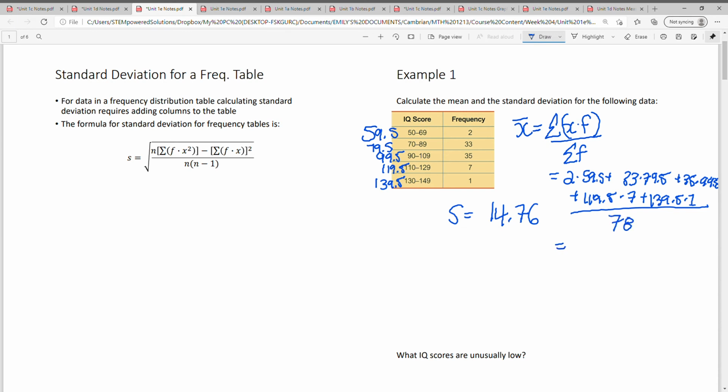So 59.5 times 2 plus 79.5 times 33 plus 99.5 times 35 plus 119.5 plus 139.5.